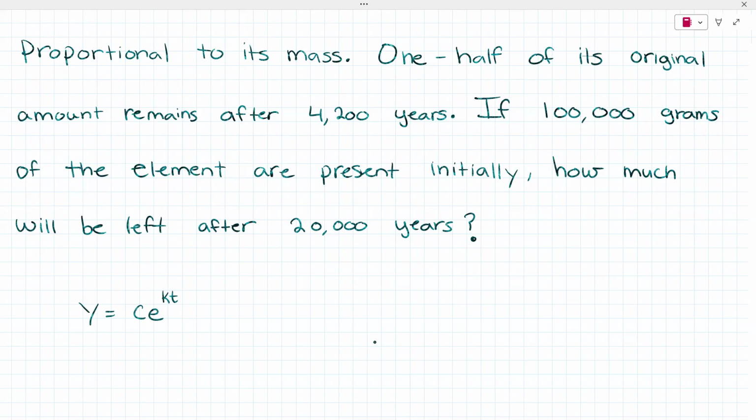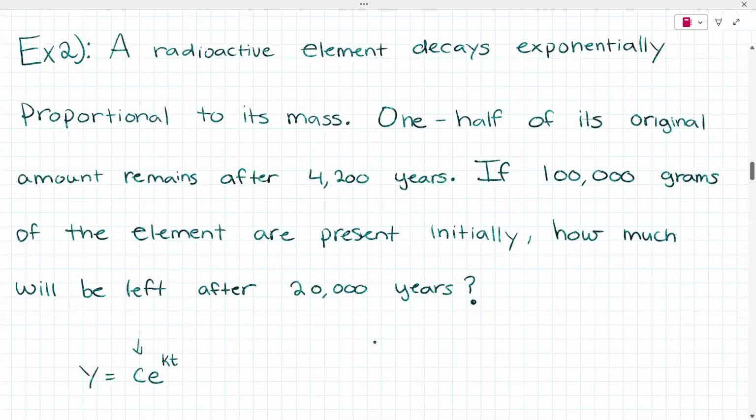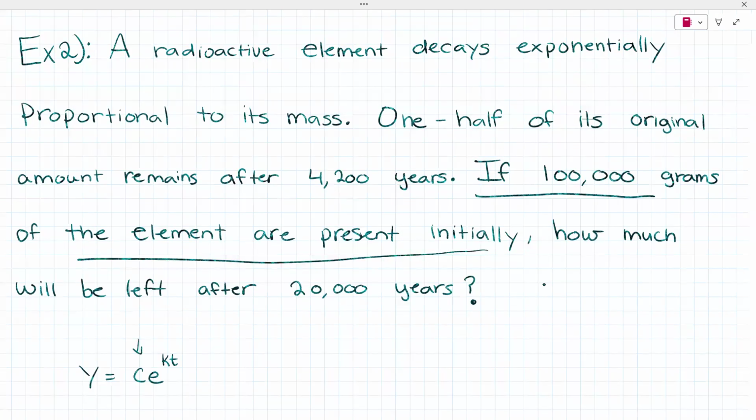So let's first find out c by plugging in your initial condition. So if 100,000 grams of the element are present initially, that actually gives us your C value, right? So they're saying at time zero, it gives you y of 100,000.